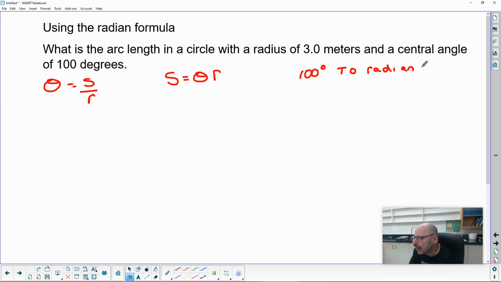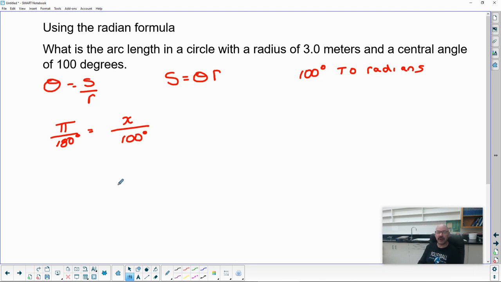Now this would be a problem where decimals would be fine, because we're going to get an approximate length for the arc. So we're going to do that conversion first. So if I go pi over 180 equals, we want it in radians, so our x is going to be on the top, and the 100.